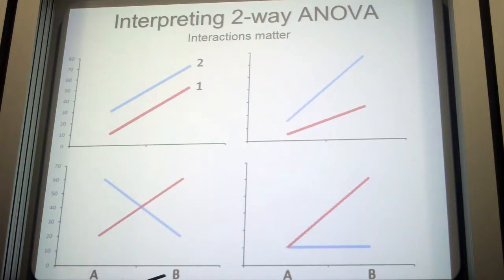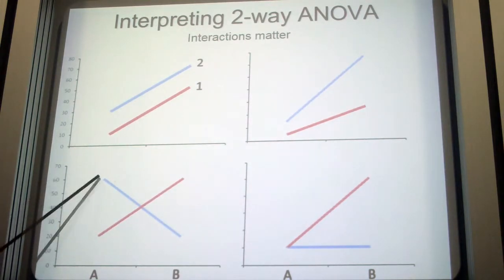This one, we have an interaction effect and no main effects. If you average across A and B, the points are here. And indeed, if you average across the red and blue, the point is here. So all of them, on the main effects, the means are the same. But there's clearly a difference.